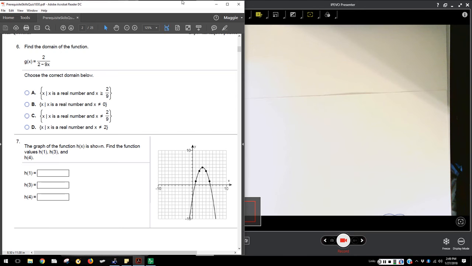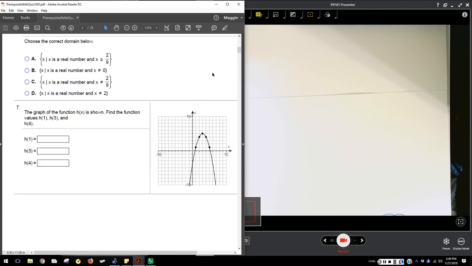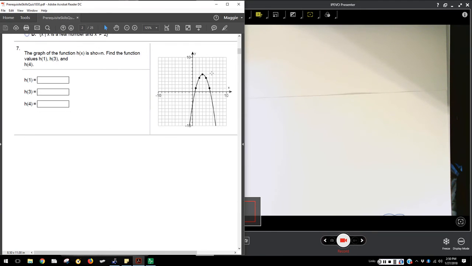So in number 7, we're looking at a graph. This is the graph of the function h of x. Find the function value h of 1. Okay, on this graph, we have here from negative 10 to 0 to 10.